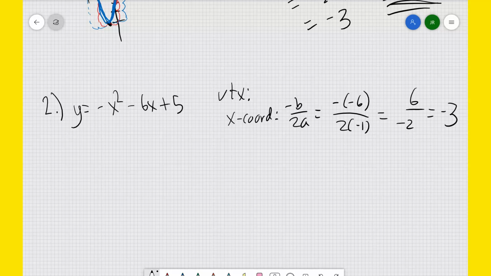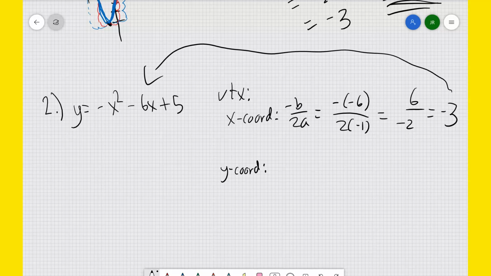Then I plug negative 3, my x-coordinate, into that equation to get the y-coordinate. So I've got negative 3 squared minus 6 times negative 3 plus 5. Negative 3 squared is positive 9, but I've still got the negative in front of it.